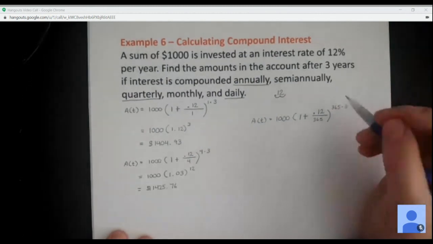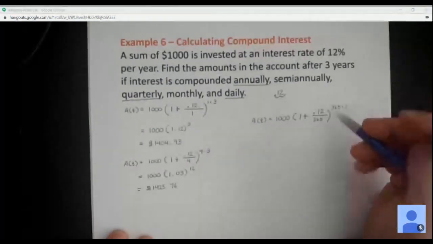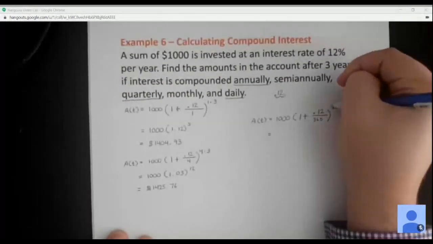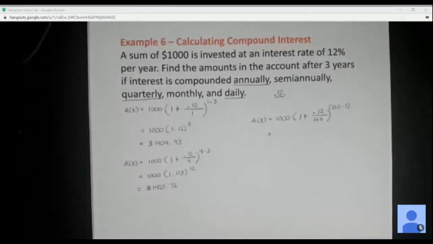All right. Now this time, cleaning this up isn't going to be as easy as what we got over here. So I would probably just put the whole thing in the calculator. Again, just make sure when you do that, that you're grouping that exponent together somehow, so that you multiply what's in the exponent first.